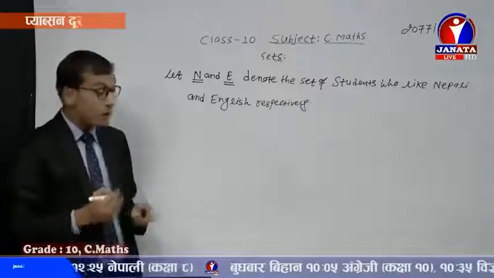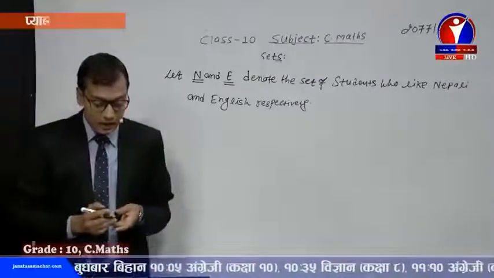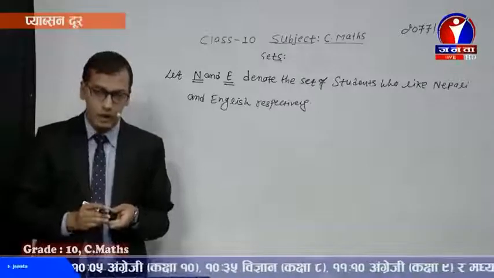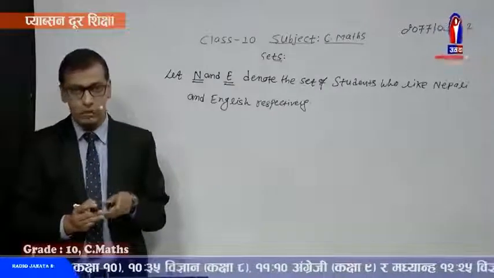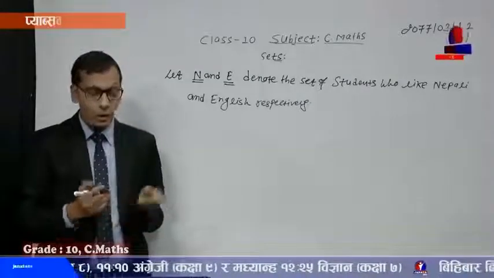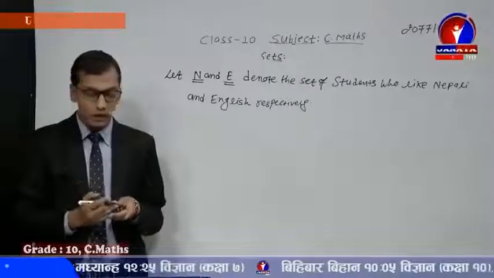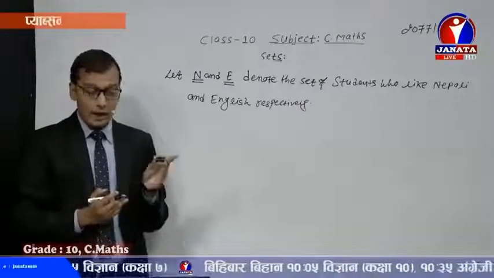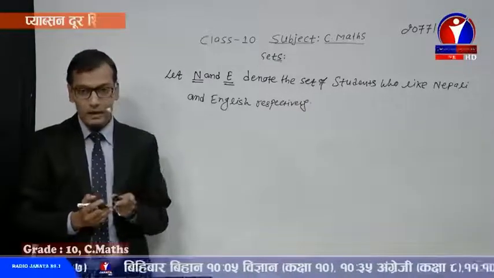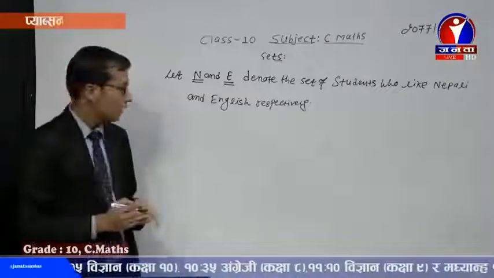There are total 50 students, and out of 50 students in a class, they like Nepali or English or both. So that is n of U, or there is no complement. So if there is no complement, n of U and n of N union E is the same because of no complement at all in the question.